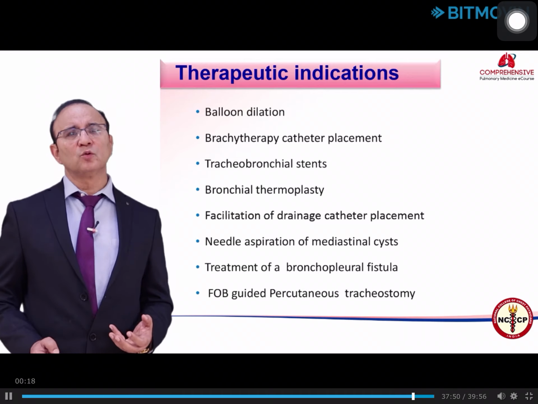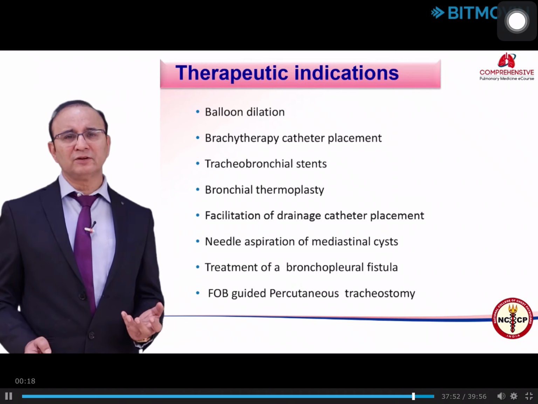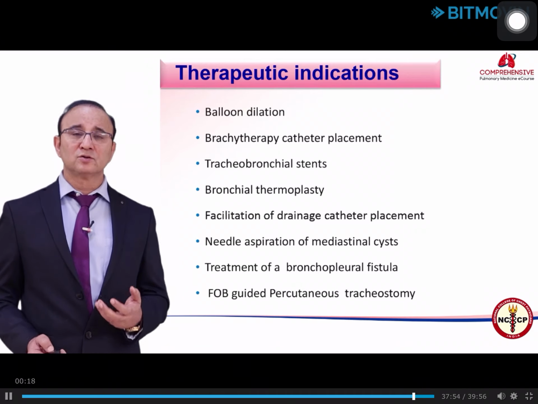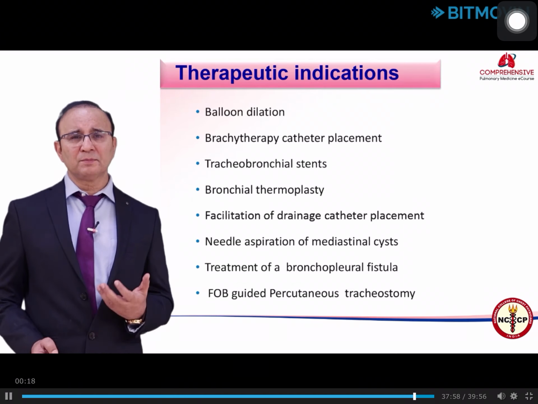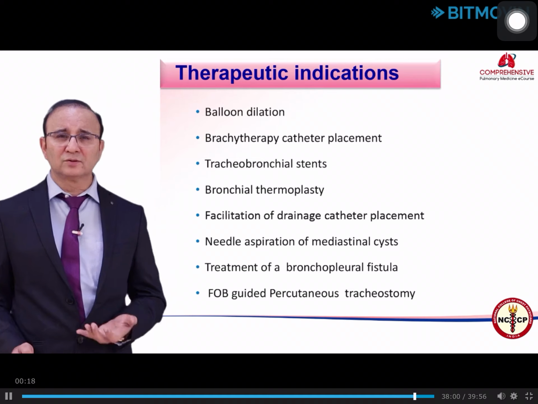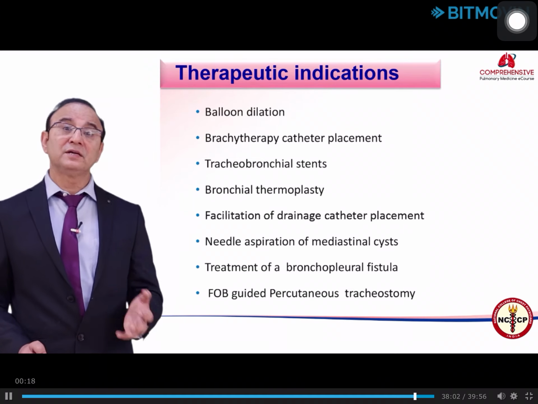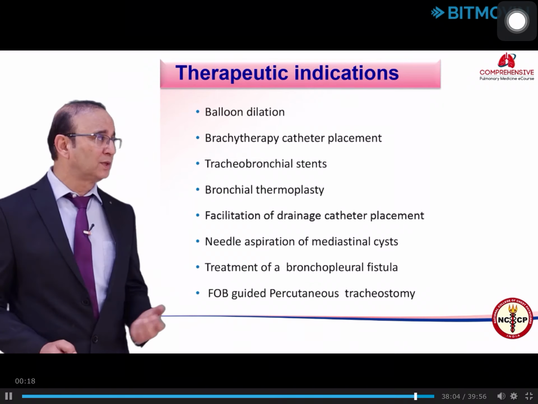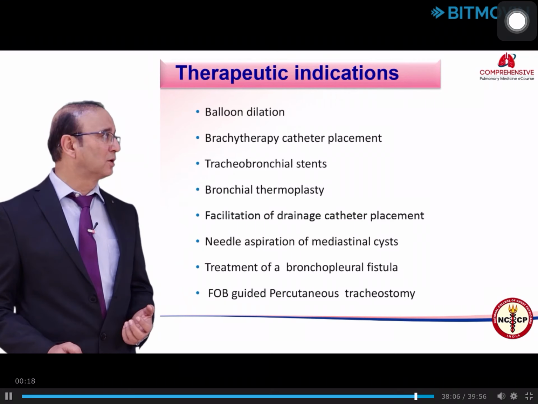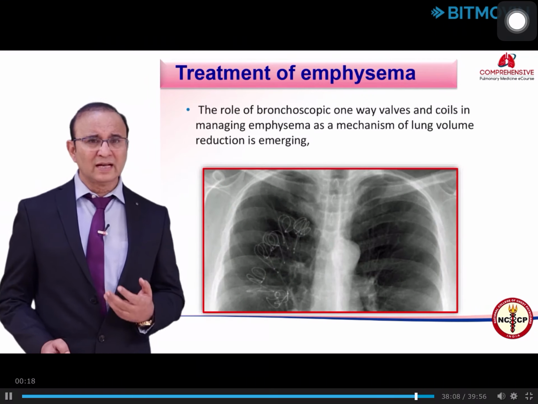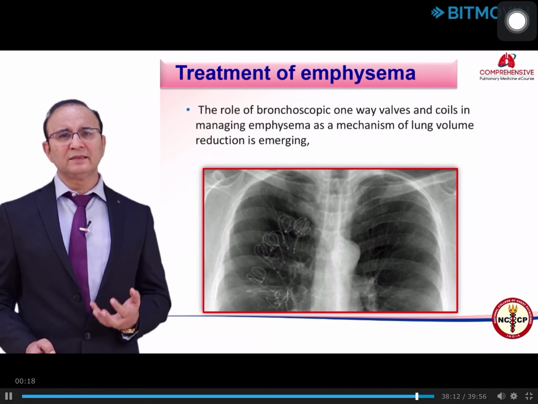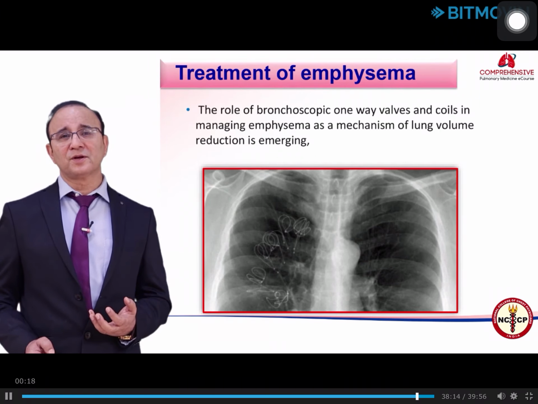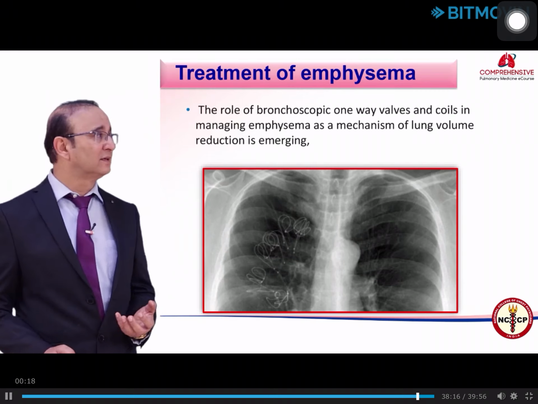Then bronchoscopy is now very helpful to a pulmonologist to do a percutaneous tracheostomy, because it's safe, and in many of the centers and many of the ICUs, percutaneous tracheostomy is being done by the pulmonologist with the help of the fiber optic bronchoscope. As I said earlier, there is a role of bronchoscopy in the management of emphysematous patients who are suffering very badly.